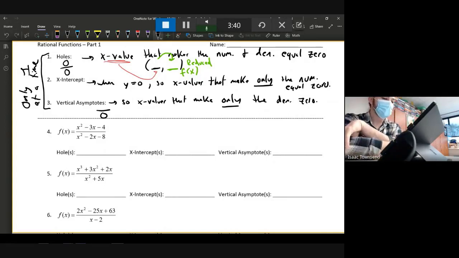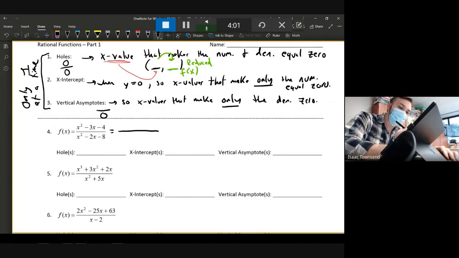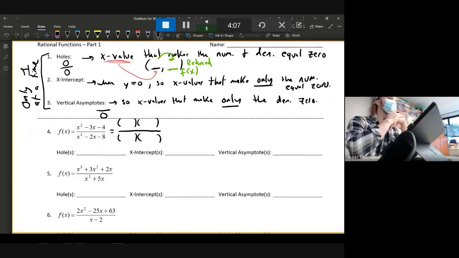Okay, so looking at question 4, how to know where the holes, x-intercepts, or vertical asymptotes are. Well, we want to know what numbers make the numerator 0, the denominator 0, and what numbers make both of them 0. So no coincidence, we talked about solving quadratics because that's essentially what we're trying to do here. And I guess if you just couldn't figure out one of these, hopefully you have the product sum method or a backup plan.